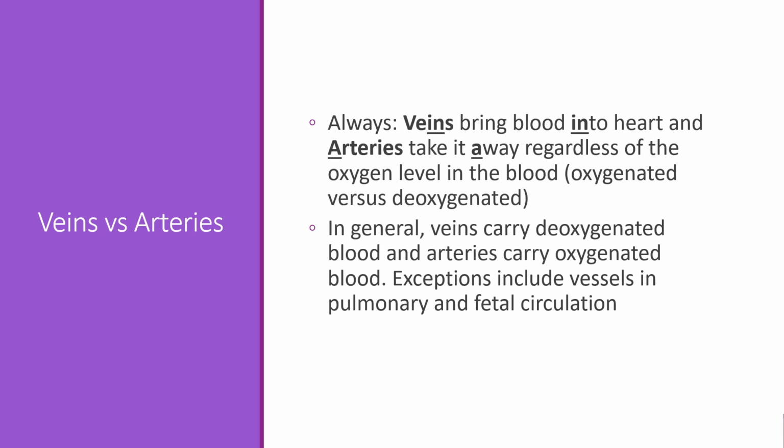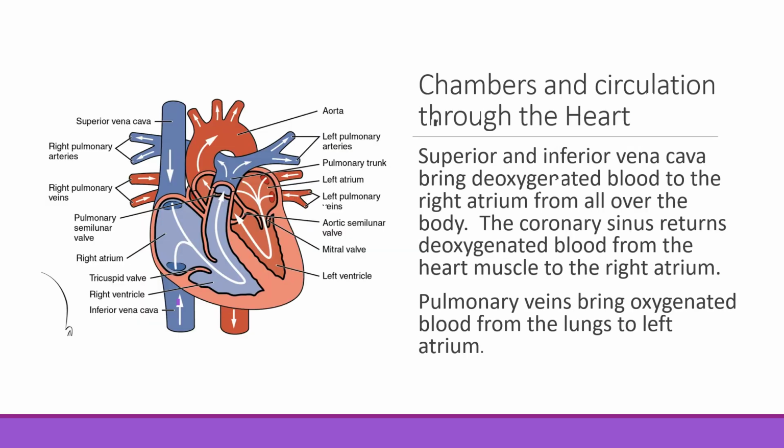So our pulmonary artery is actually blue, and our pulmonary vein is actually red because they are carrying blood to and from the lungs, and we don't name them according to the oxygen level in the vessel. We name them according to the direction that they're making the blood move.